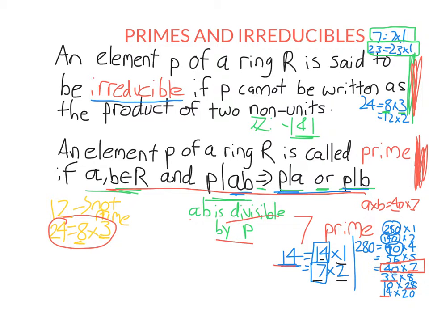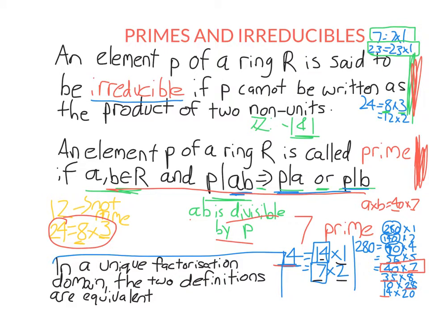But is an element that is irreducible always prime? And are the only elements that are prime irreducible? So it turns out that in something called a unique factorization domain, these two definitions are equivalent. What that means is, in a unique factorization domain, if an element is irreducible, then it is prime.